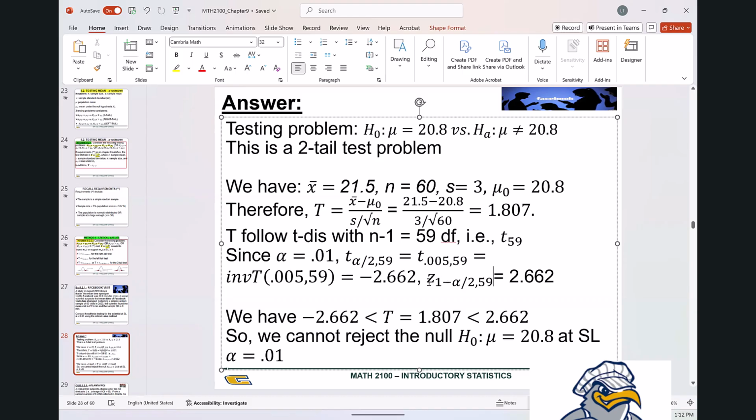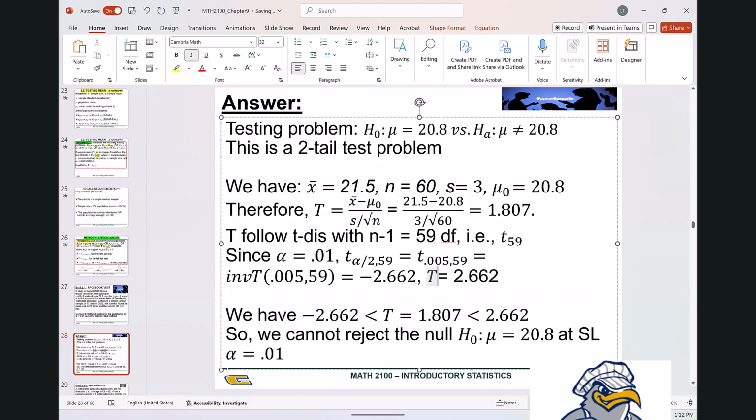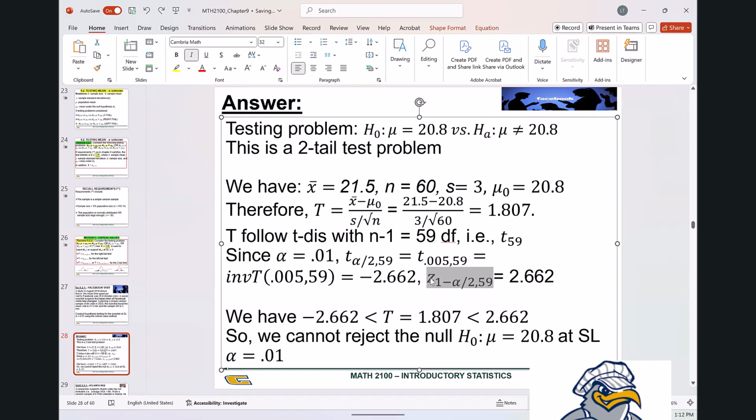But again, the good news is that we have symmetry here. I think that this is a T here, not a Z. So we have symmetry, and the T here is 2.662. You can also plug in invert T of 0.995, 59, and you should see 2.662 here.